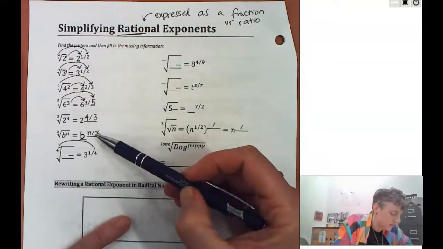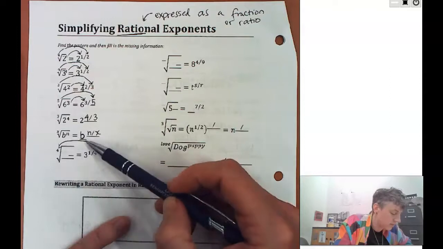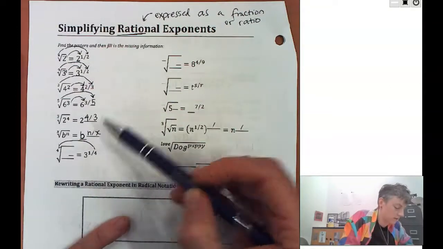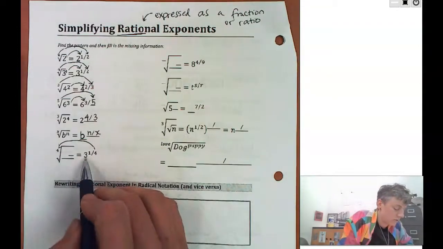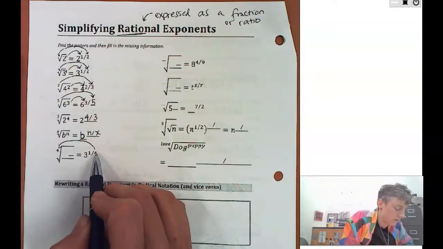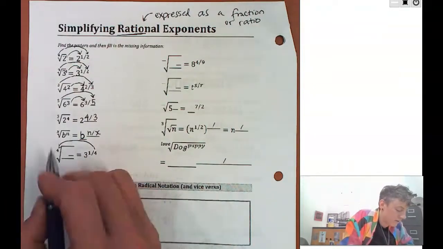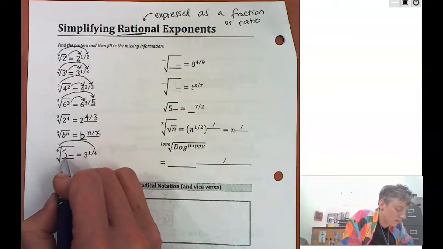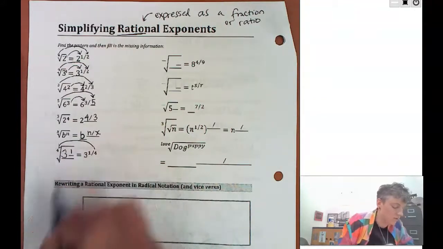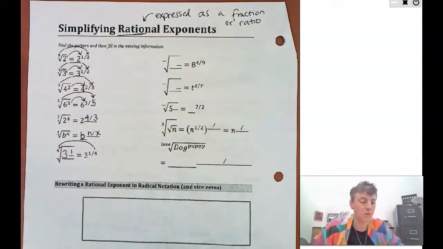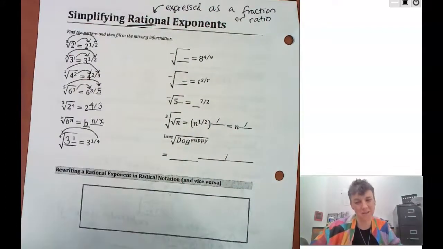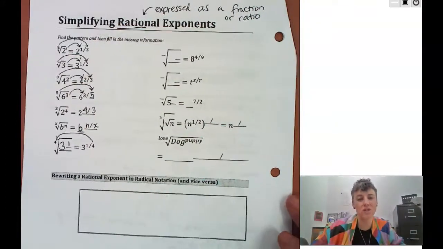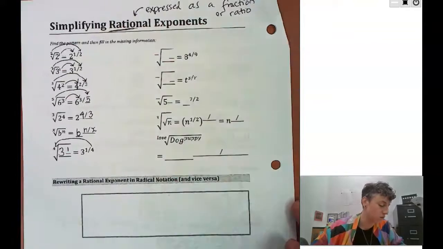Right, that was b to the n. That became b to the n over x. So this is going to be 3 to the 1/4. That means the 3 is going to be the radicand, and the 1 is going to be the exponent to the radicand. We're a bunch of geniuses up in here. Bunch of geniuses. Great.